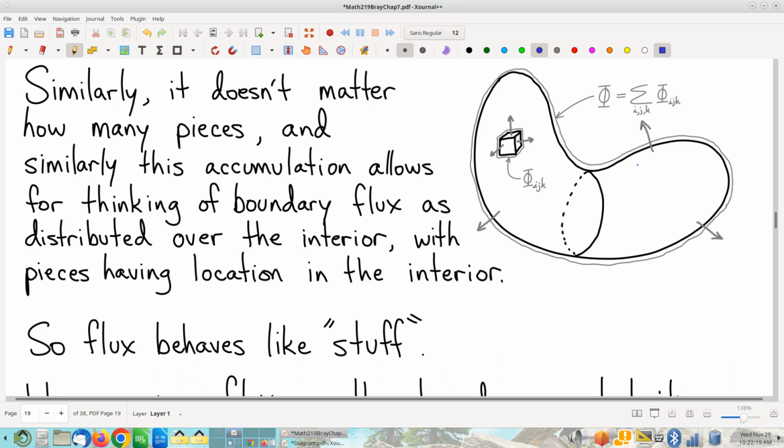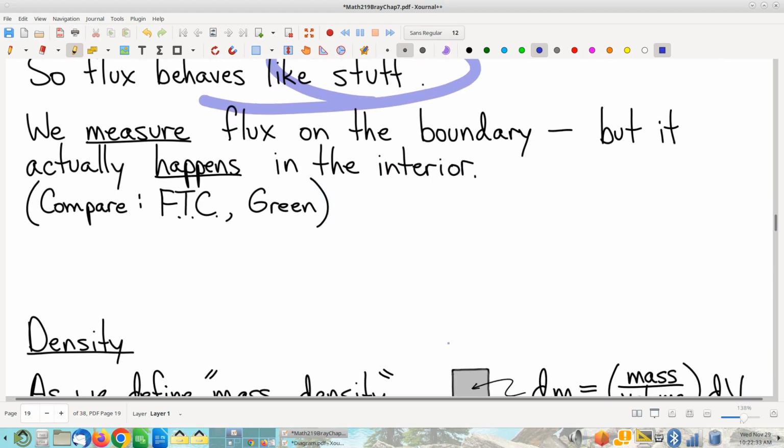So any accumulating quantity, you can view it as behaving like stuff, which I choose because it sounds vaguely physical and yet it's general and generic, right? But it does. It behaves like stuff.